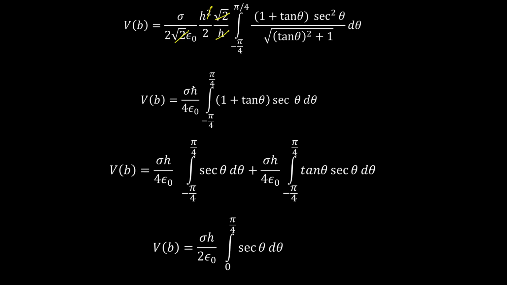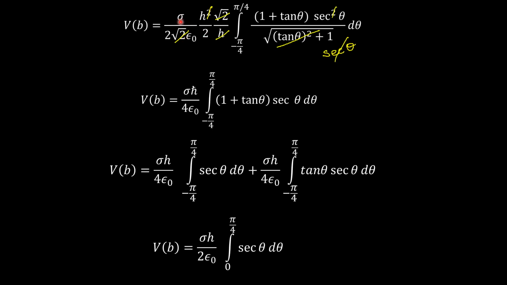Then this 1 plus tan squared theta is equal to secant squared theta. Since there is a square root, square root of secant squared theta will become secant theta. Then that secant and this secant squared will get cancelled.